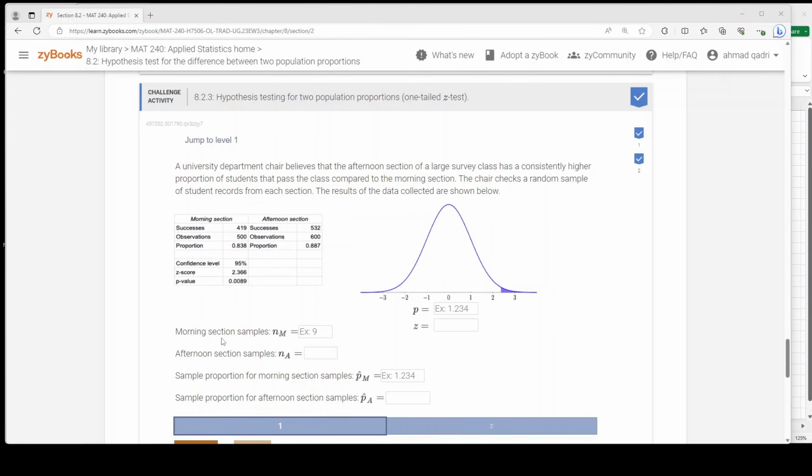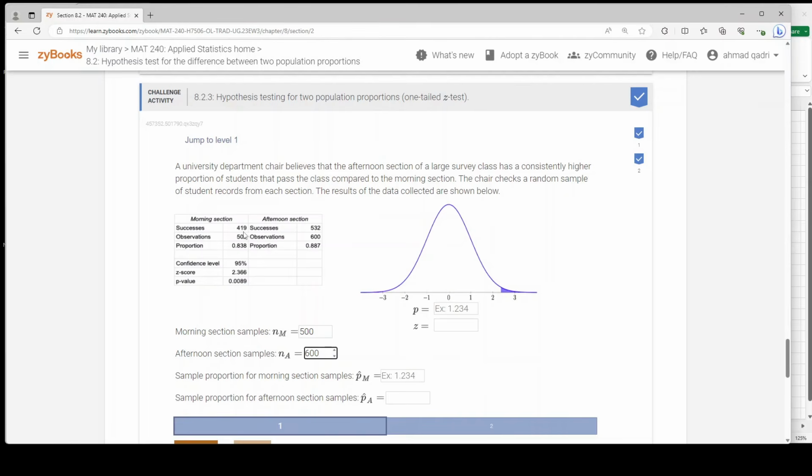First, for the morning section, we need the sample size, and we can see the sample size was 500 here. And then for the afternoon section, the sample size was 600. And now we have to calculate the proportion for the morning and the afternoon section. Remember that the proportion is going to be successes over observations.